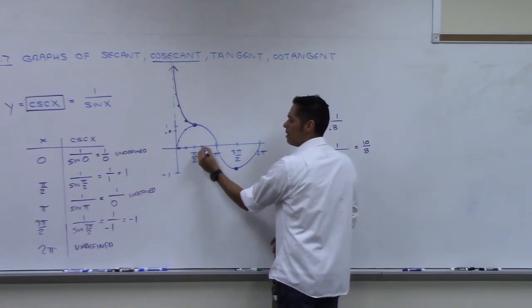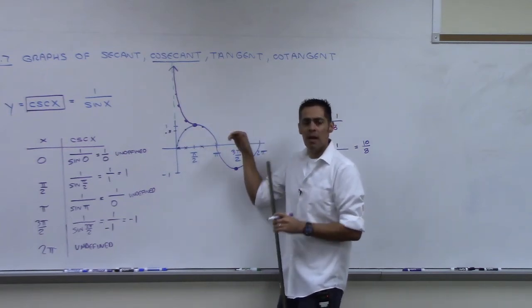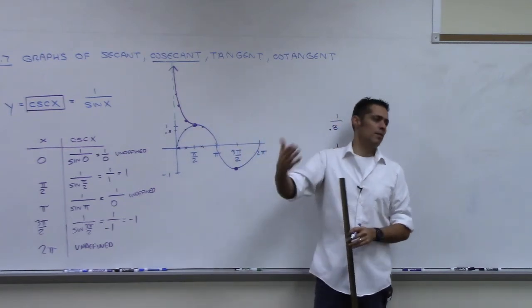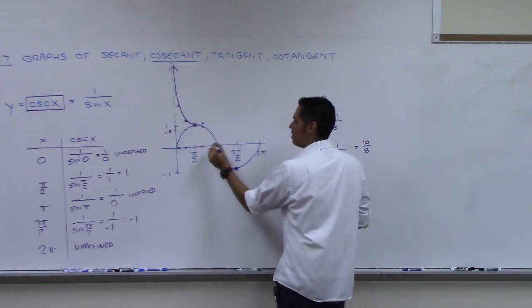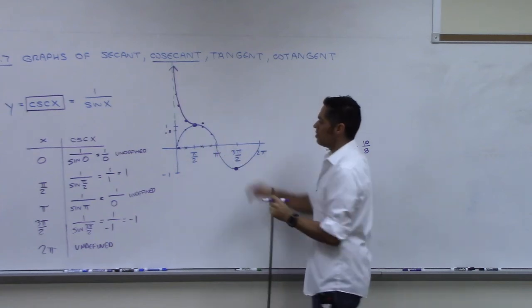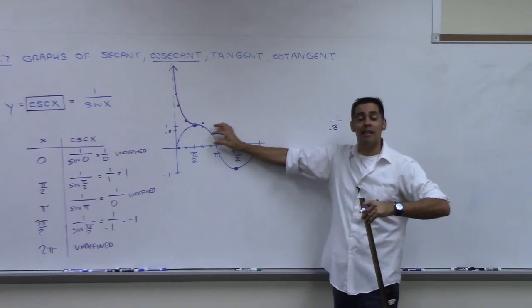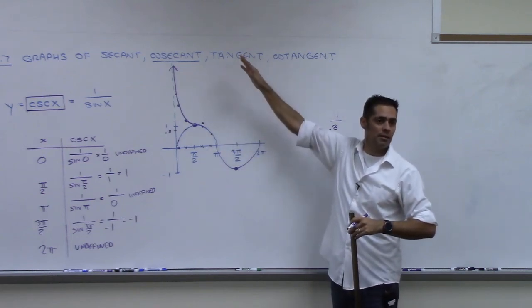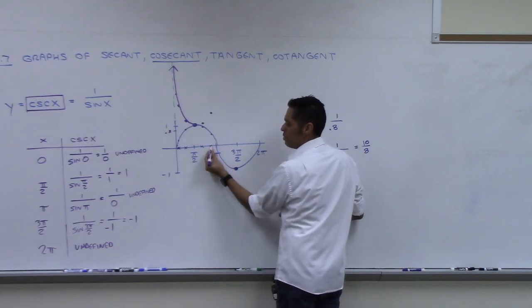Okay. Now, what if I had done the same thing but moved this way? If I pick a point here, that number right there is going to be a little less than 1, and then 1 over that will be a little bigger than 1. Correct. And then here goes here. That number's smaller than that one, but that means 1 divided by it will be bigger, right? And I keep doing that, and I keep moving towards pi.